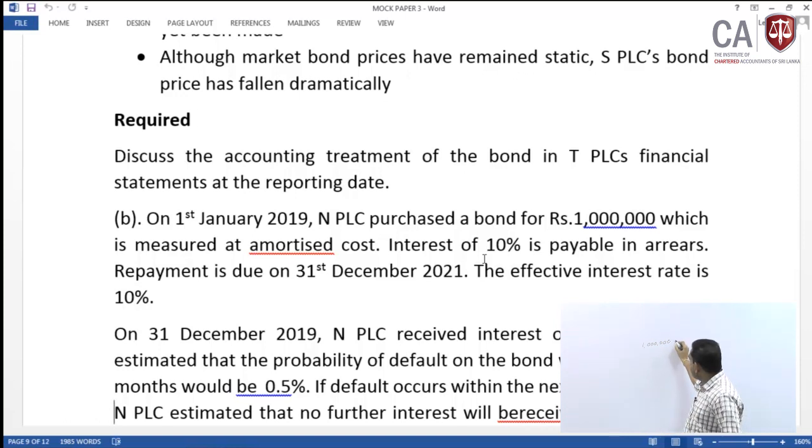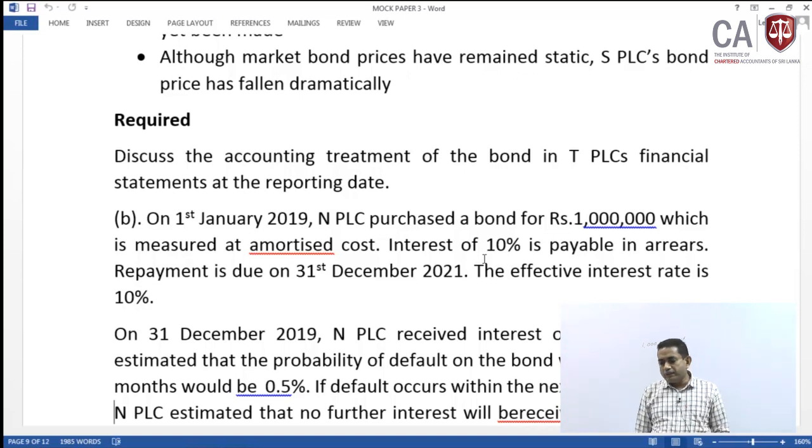Interest is payable at 10% in arrears. Repayment is due on 31st December 2021. It's with 3 years maturity. Effective rate is 10%. Coupon and the effective rates are the same.